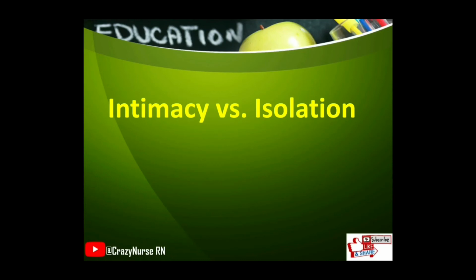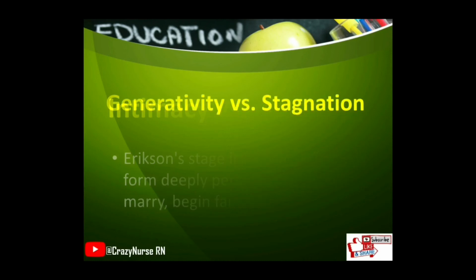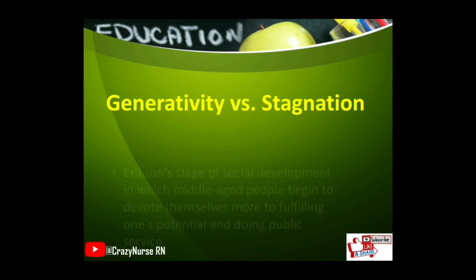Intimacy versus isolation: Erikson's stage in which individuals form deeply personal relationships, marry, and begin families. Generativity versus stagnation.